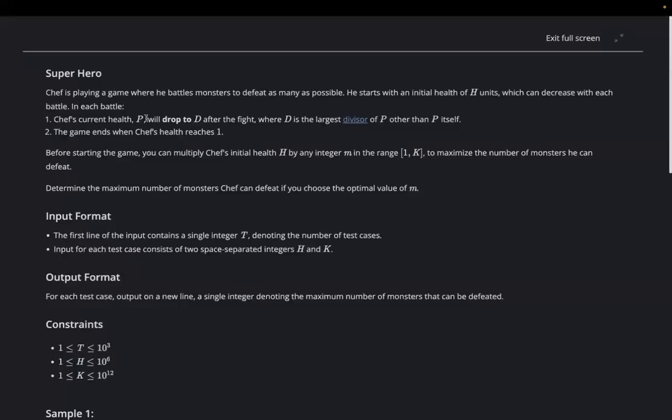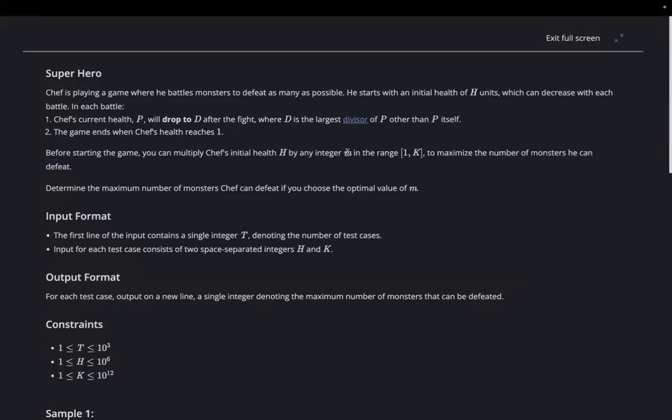So if his health was P, it will drop down to D, where D is the largest divisor of P other than P itself. The game ends when chef's health reaches 1. Before starting the game, chef can multiply his initial health h by any integer m in the range from 1 to k, and he wants to maximize the number of monsters he can defeat.